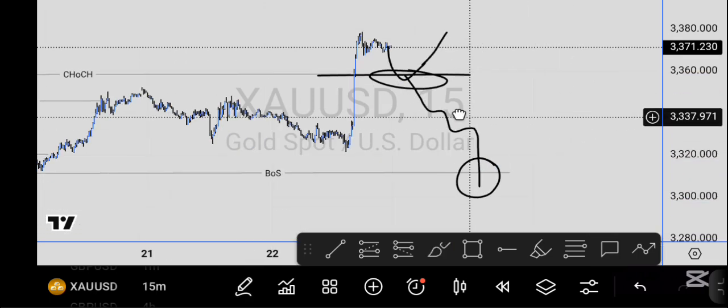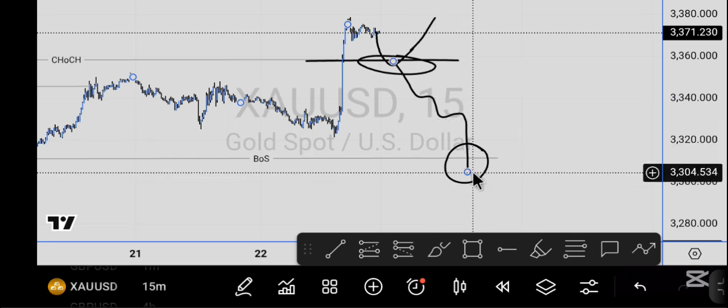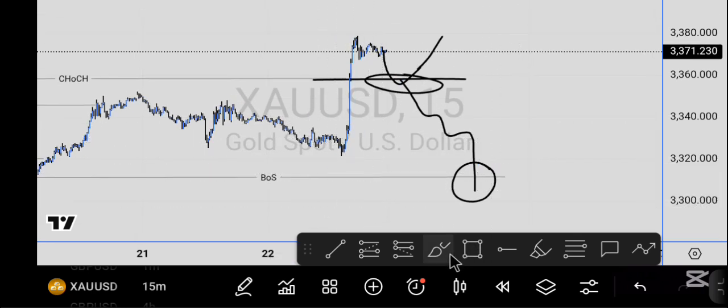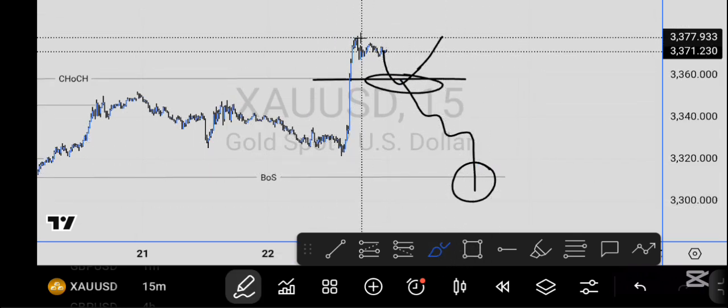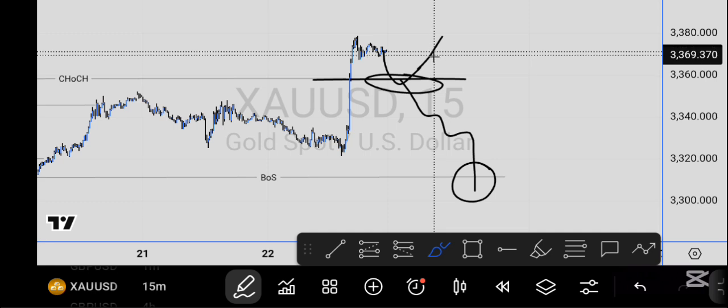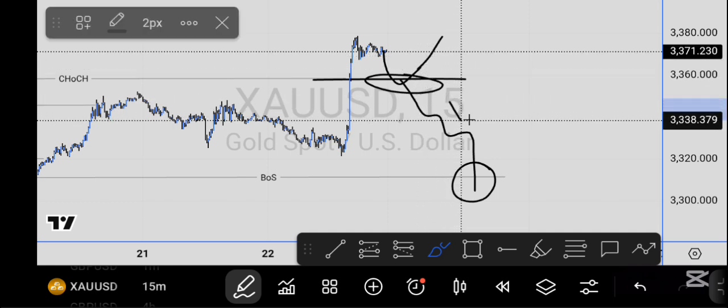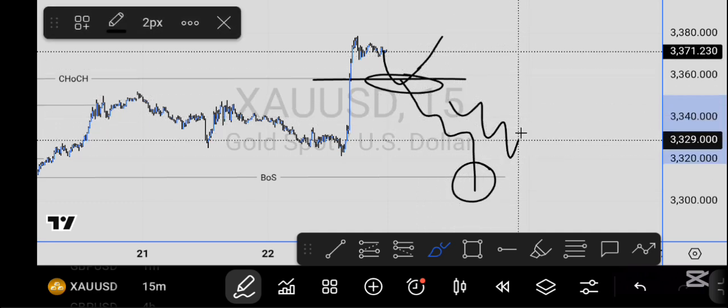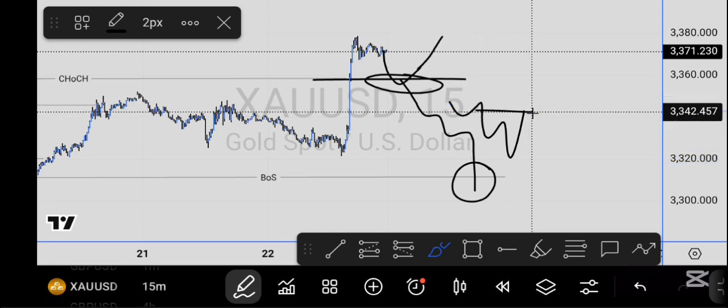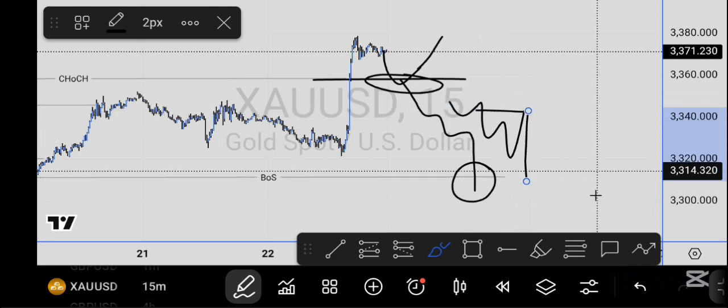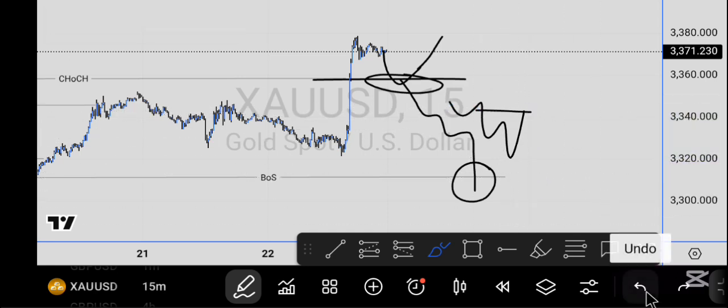That doesn't mean that I will just sell and hold to this place. No, because I execute on the 1 minute. Once I get a 3 hour trade, I get out, wait for another structure to form, take inducement, enter, get a 3 hour trade and exit like that. So that's how I trade.